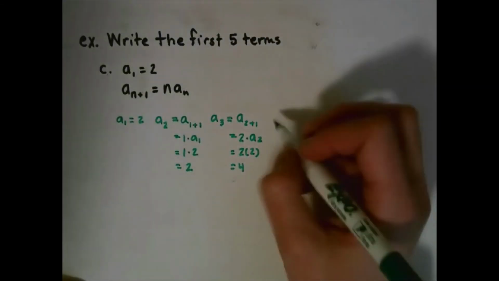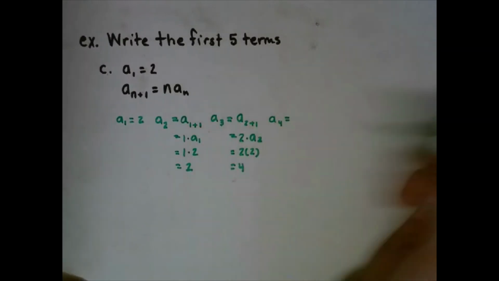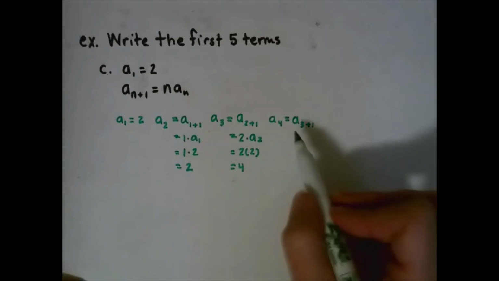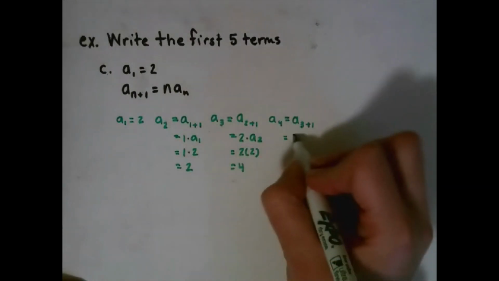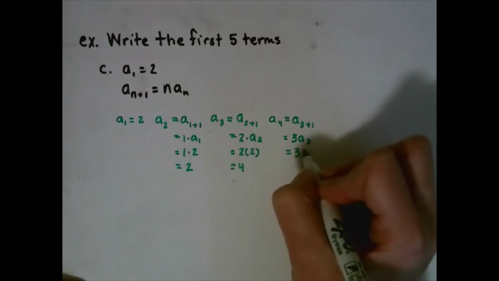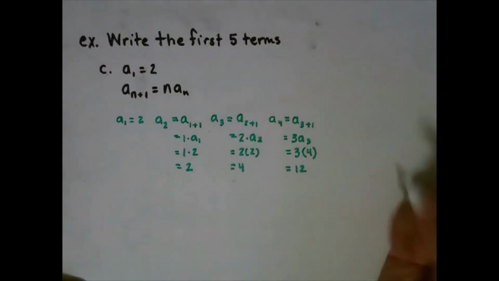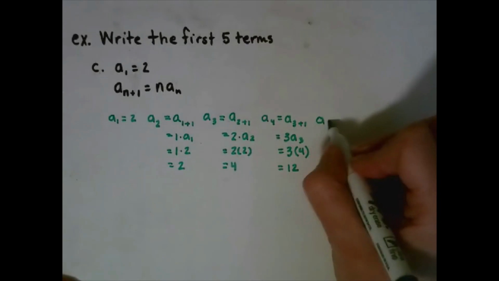Okay, and again, this is beyond a typical problem. So A4 is going to be A(3+1), which means our n is 3, which means on this side of the equation we have 3 times A3, which is 3 times 4, which is 12. Our last one, A5.